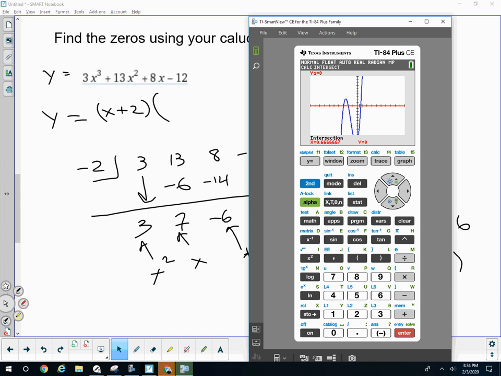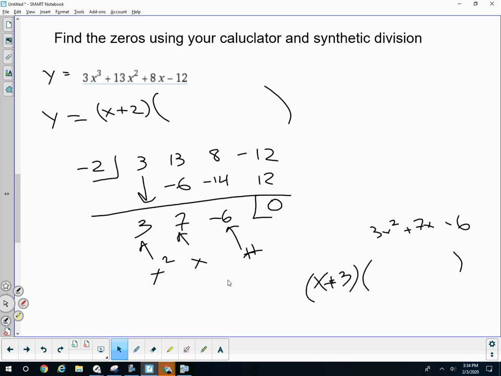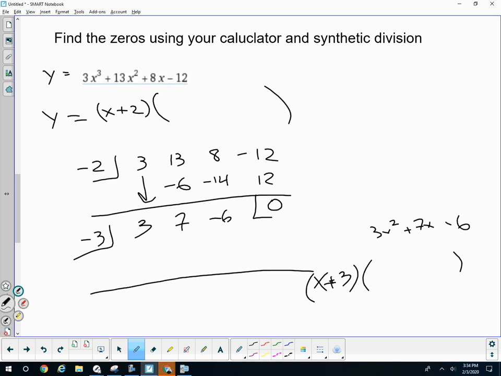So would you just do the same thing? I would do the same thing, but with whatever's left over. Watch this. You could actually go right here and plop down a -3 and do another round of synthetic division. You may turn that off, and then we won't have to worry about it.